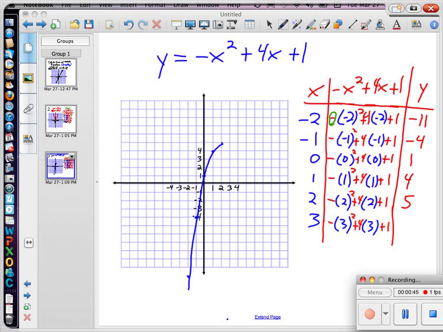We would end up with -9 plus 12, so that's 3 plus 1 is 4. Okay, so we'd end up with 4 here, and that would leave us with a point of 3 comma 4, which is right here. What you would find if you kept plugging in values for x like 4 and 5 and 6 is that it does actually look like an n.